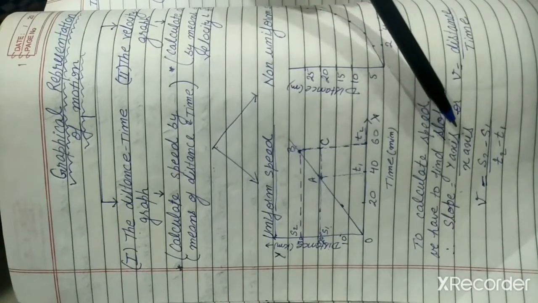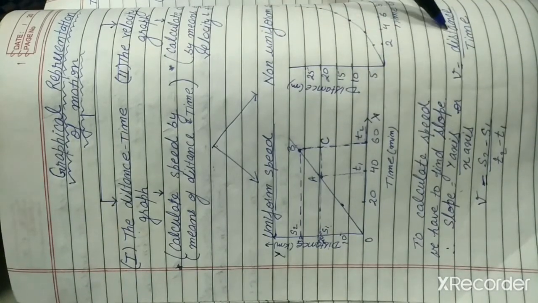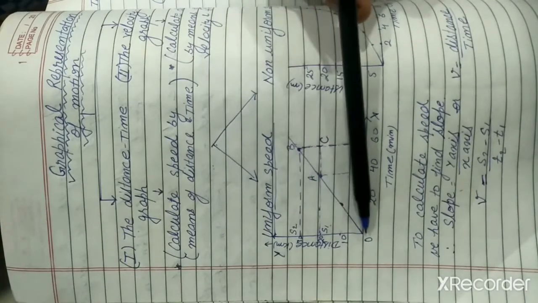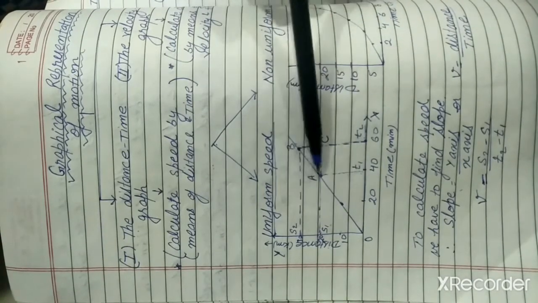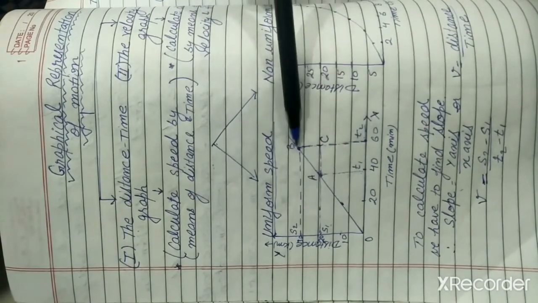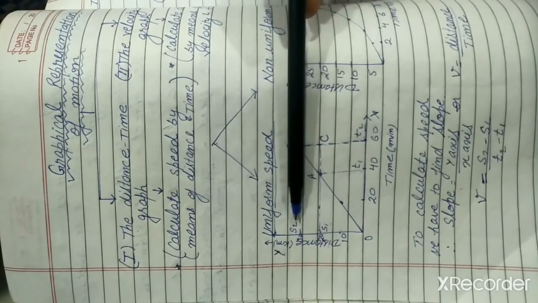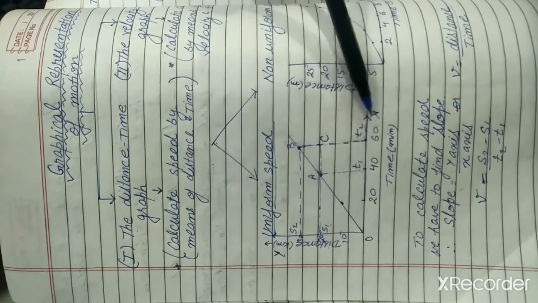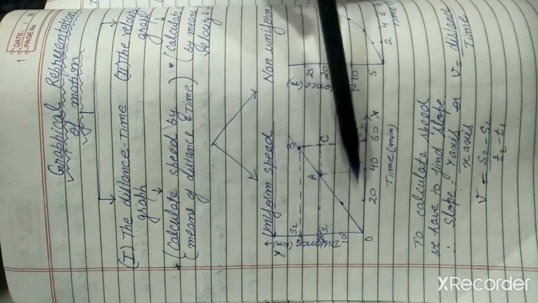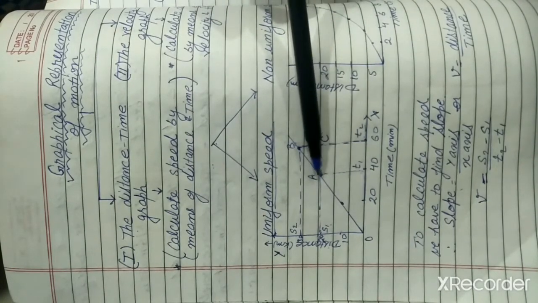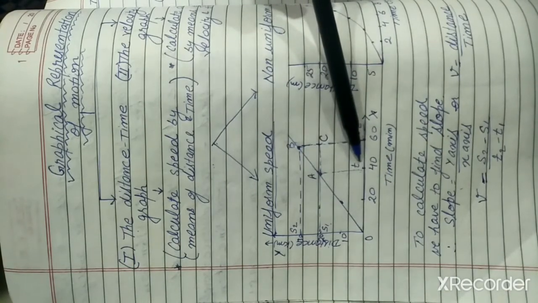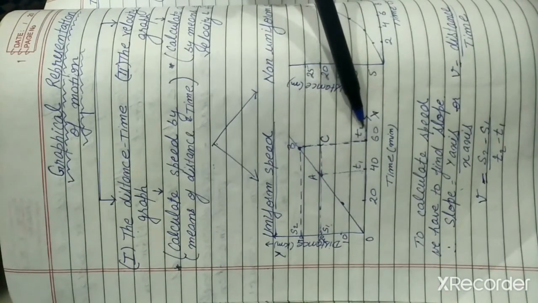If we talk about the y-axis, or distance, we consider the points parallel to points A and B, suppose S1 and S2. And when we talk about the x-axis, as it is the time axis, the points are T1 and T2.